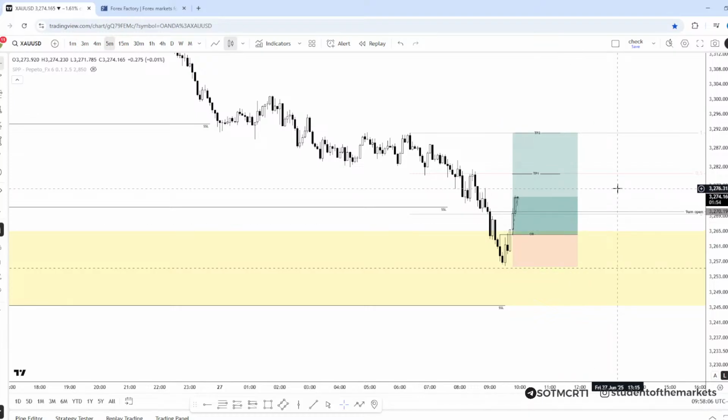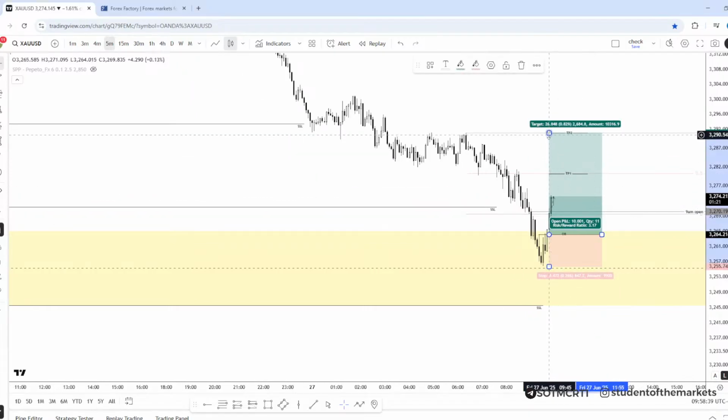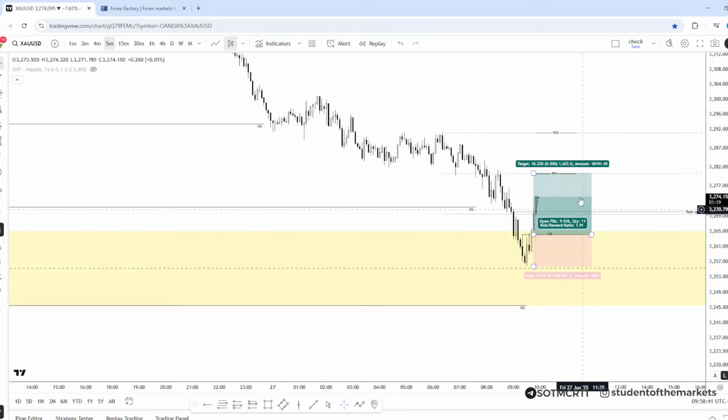So obviously first you target the TP1 and then TP2.